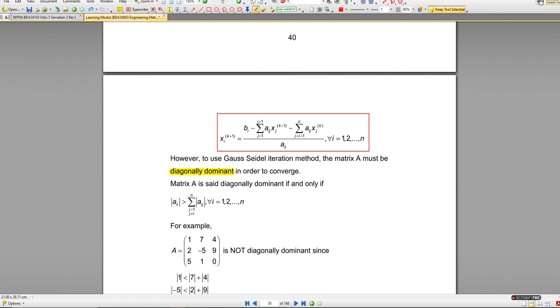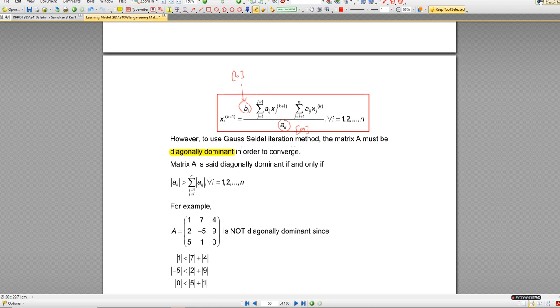In order to get the new value of x_i at k plus 1, you have to put the b, which is matrix b, and this one is matrix A. And the rest is you have to minus the elements that are not in the line. Later on I will explain.